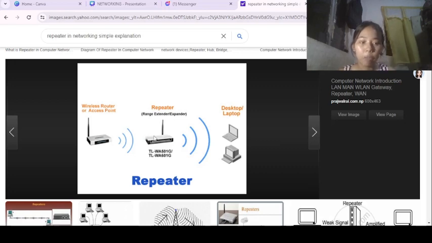For example, in a two-story house, the internet connection is on the first floor but you are using it on the second floor, so the internet is slow. With the use of a repeater, the signal of your internet is expanded so that it reaches the second floor where you are using it.